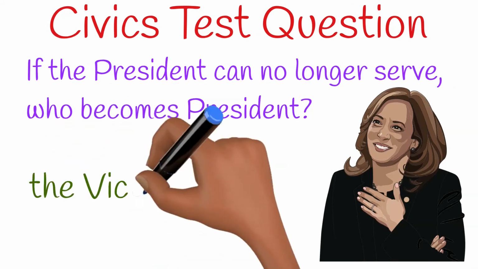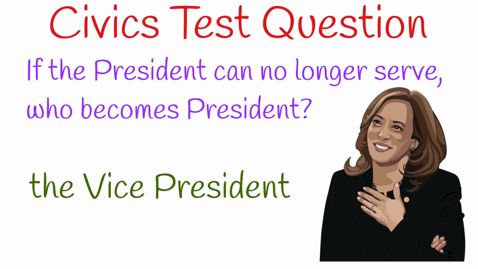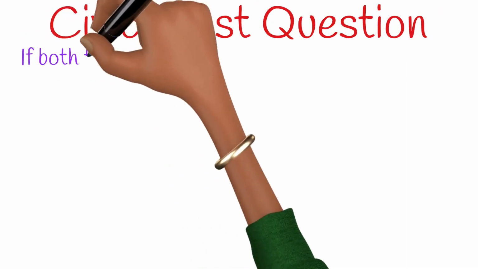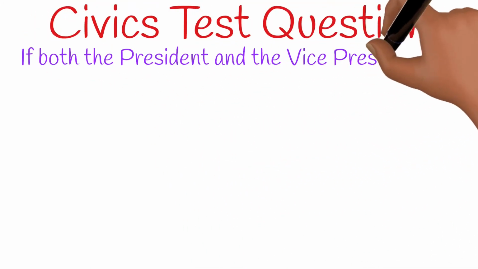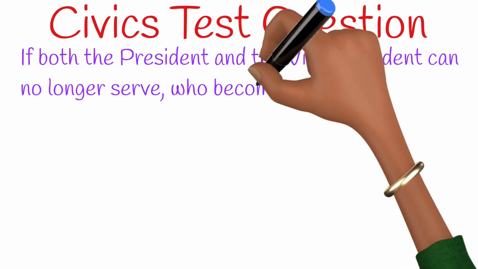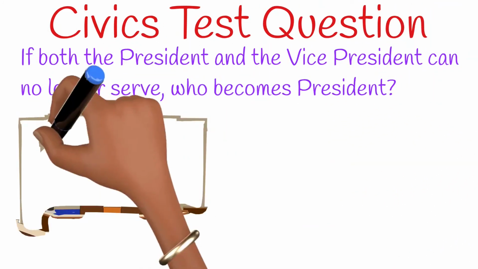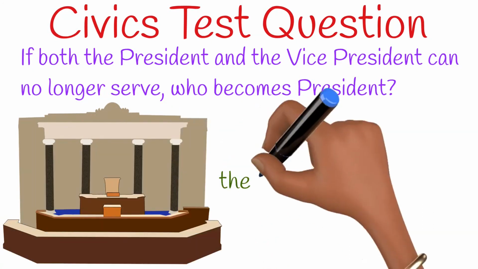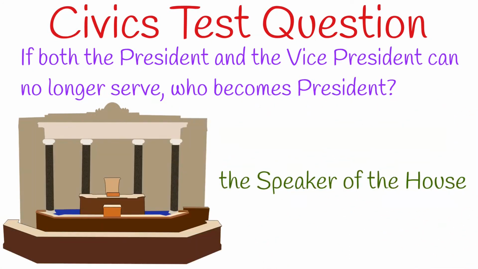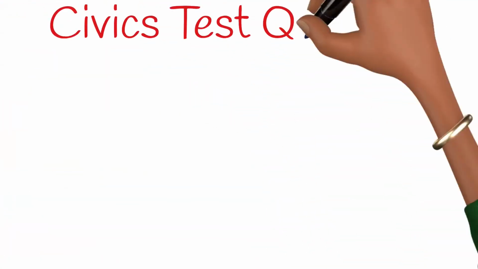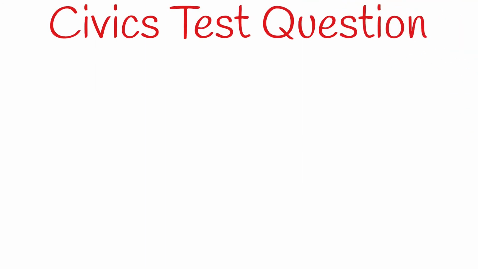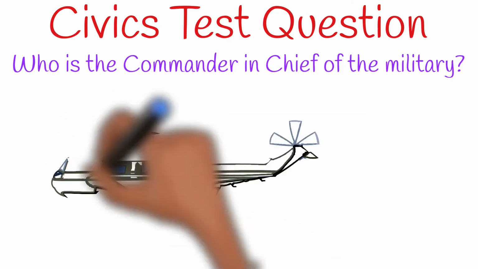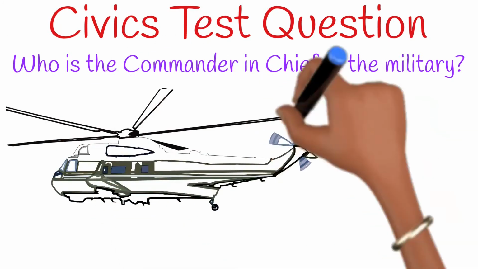The Vice President. If both the President and the Vice President can no longer serve, who becomes President? The Speaker of the House. Who is the Commander-in-Chief of the military? The President.